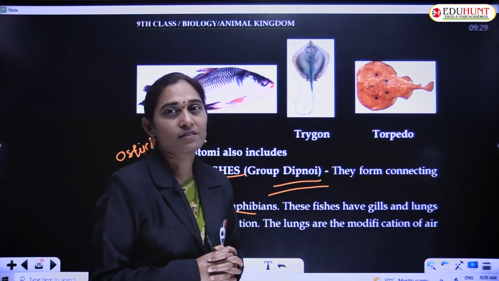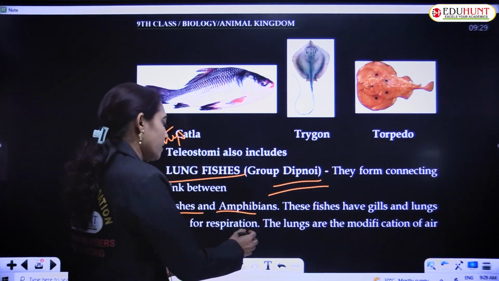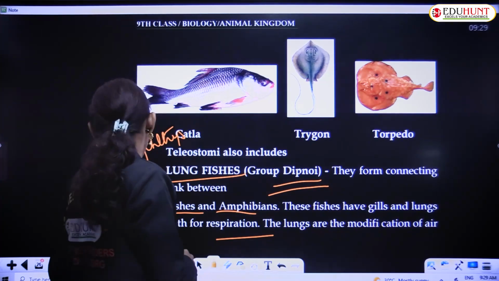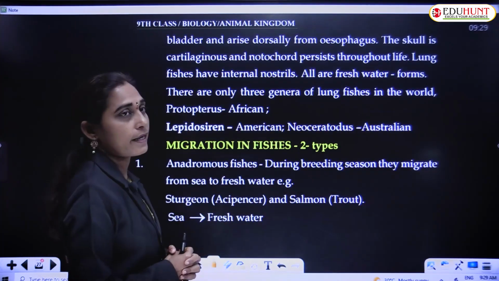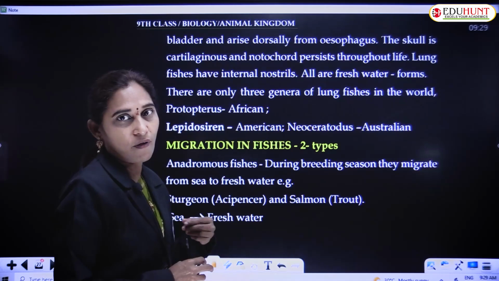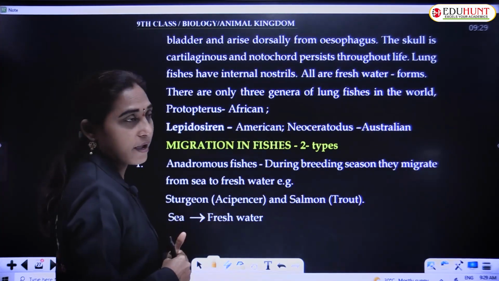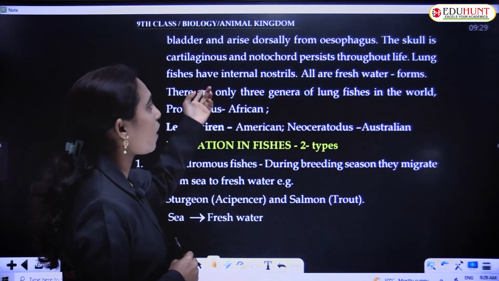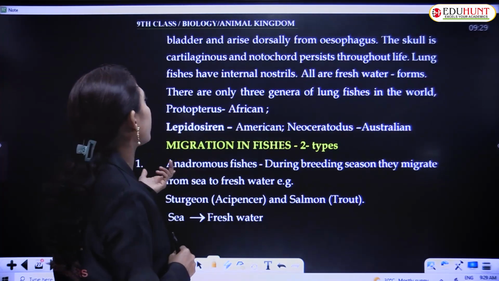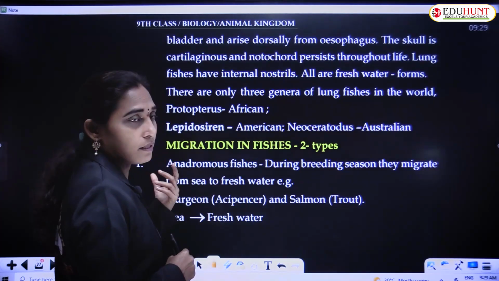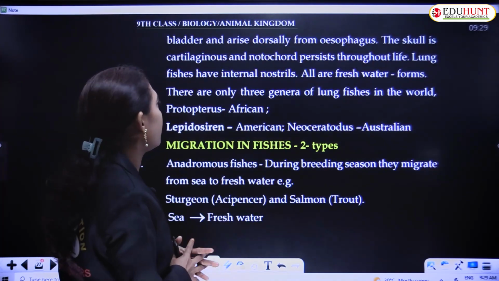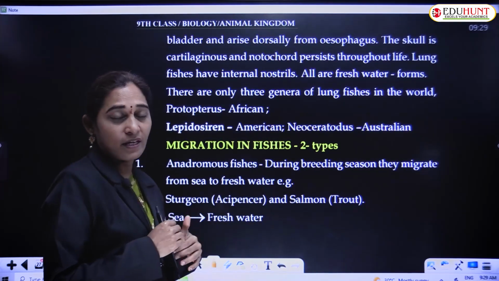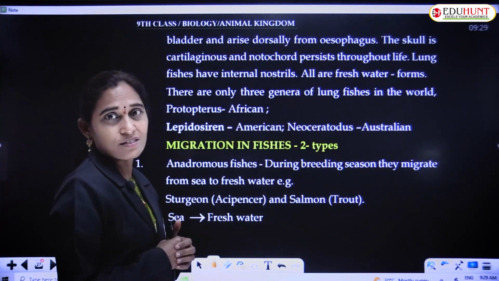These fish have gills and also lungs as respiratory organs. The lungs are a modification of the air bladder and arise dorsally from the esophagus. The skull is cartilaginous and the notochord is persistent throughout the life cycle. Lungfish have internal nostrils because they have lungs for respiration.